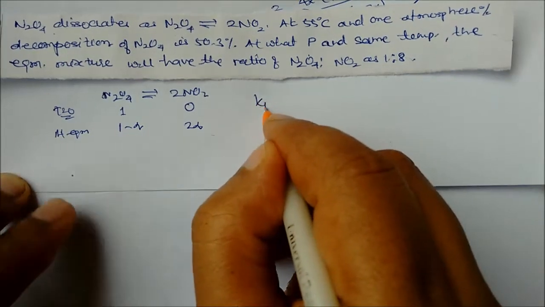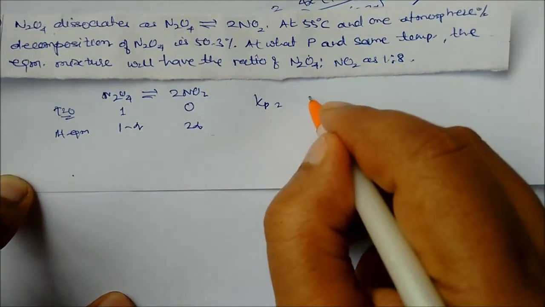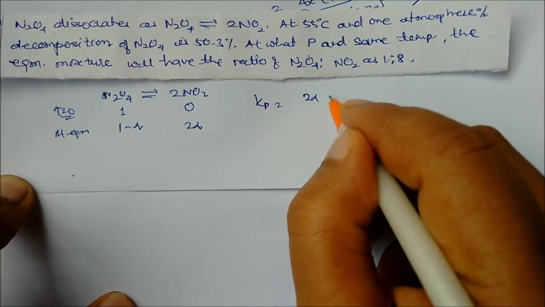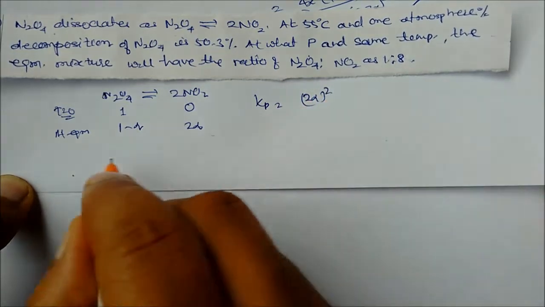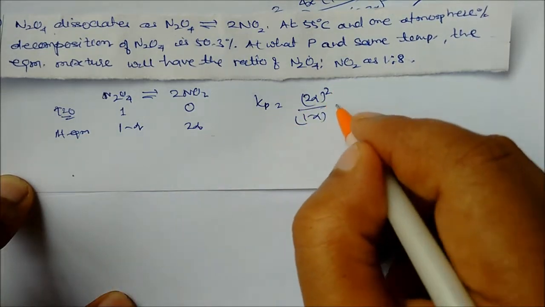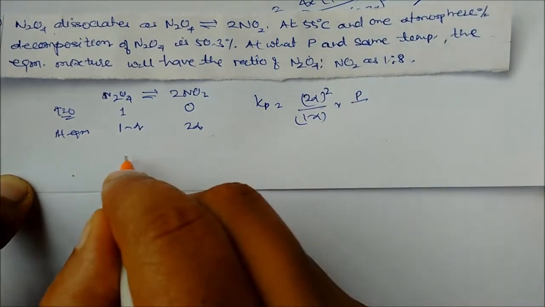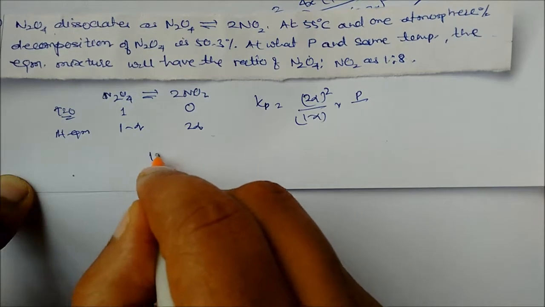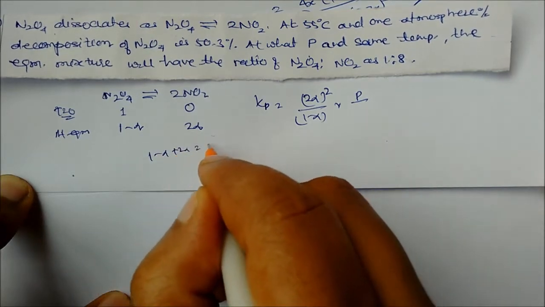So Kp will be how much? You write (2 alpha) whole square divided by (1 minus alpha), and the total pressure is given as P. The total moles will be 1 minus alpha plus 2 alpha, so this will be 1 plus alpha.